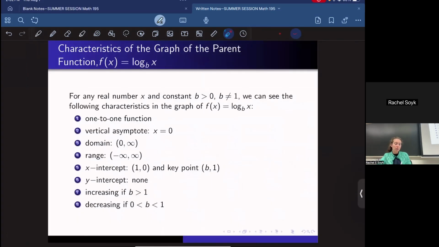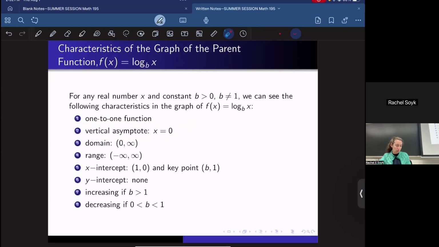These are just the characteristics of our log base b of x functions. Again, it's a one-to-one function. Your range has no limit. Your domain is the one that's restricted here, based off of your vertical asymptotes and those transformations that take place.